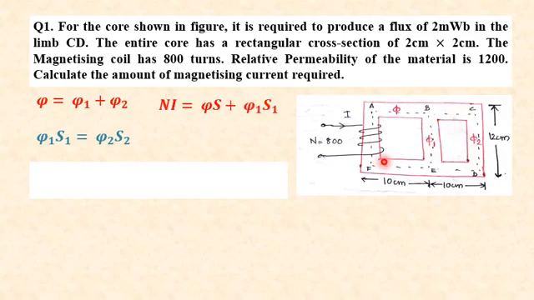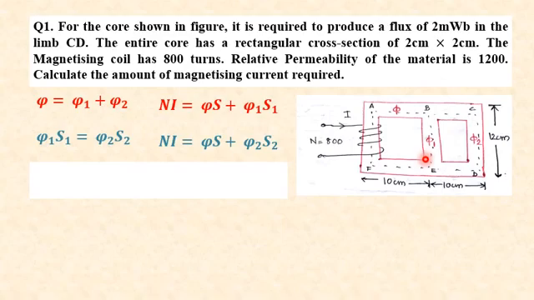Then the total MMF, Ni, equals phi S plus phi 1 S1, or equals phi S plus phi 2 S2. These four basic equations will help you in solving numericals on parallel magnetic circuits.